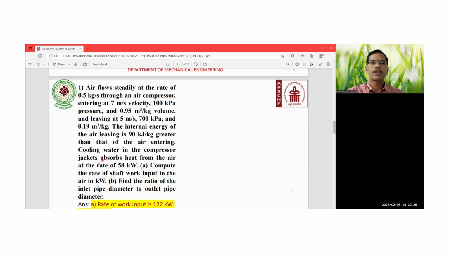Cooling water in the compressor jackets absorbs heat from the air at the rate of 58 kilowatt. Calculate the rate of shaft work input to the air in kilowatt, and find the ratio of inlet pipe diameter to outlet pipe diameter.